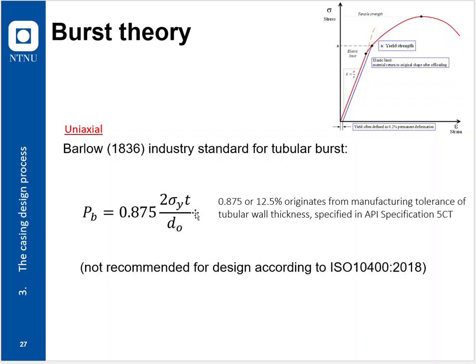Now, adding also the DT ratio in reverse here for you guys, just to point to the fact that the DT ratio is important again, also for burst, not just for collapse. This relates to the tolerance of tubular wall thickness. And here is where the industry sits in their old Volkswagen Beetle.